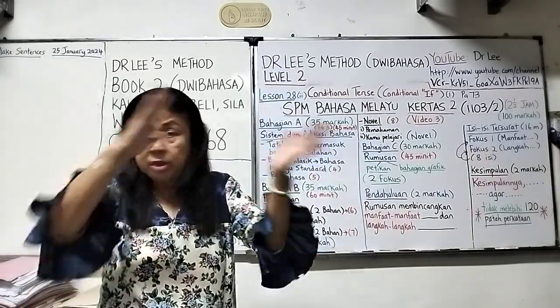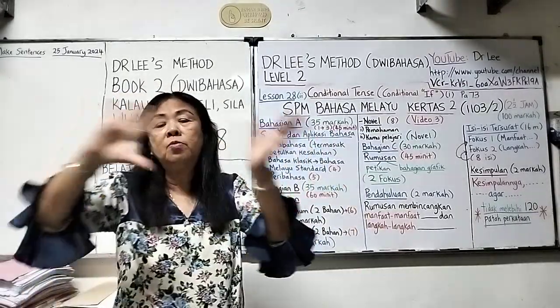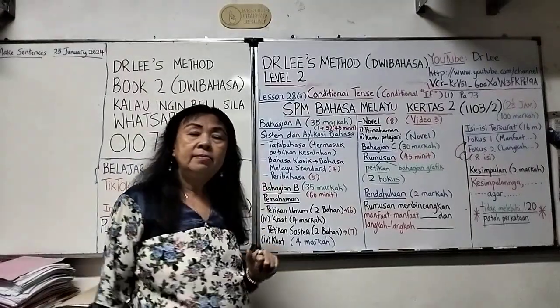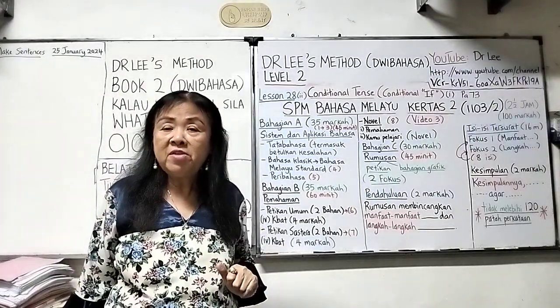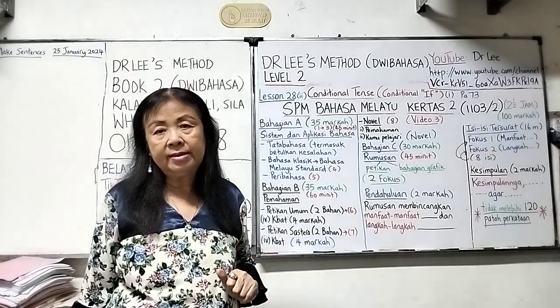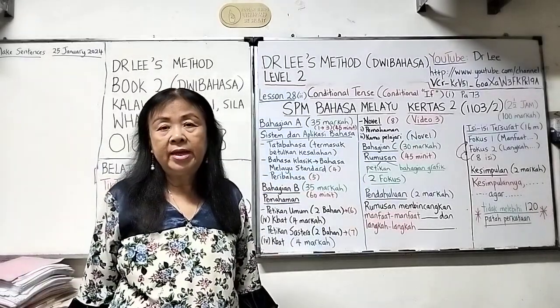You have to convert the whole thing, write again, from Bahasa Klasik to Bahasa Melayu modern. And one part which is very important in Bahasa Melayu is peribahasa. Okay, here peribahasa is question 5.